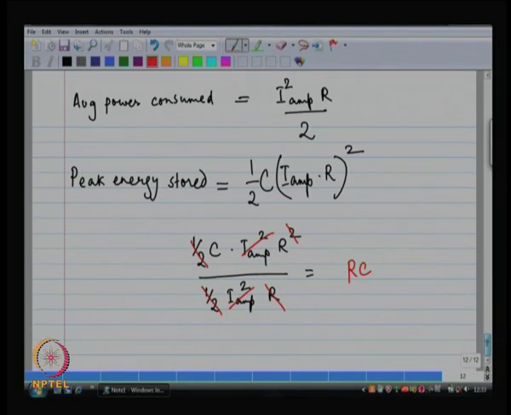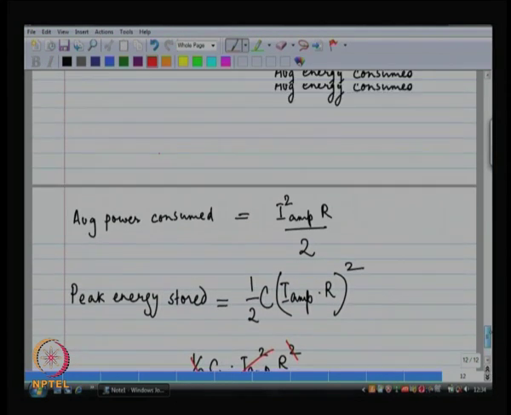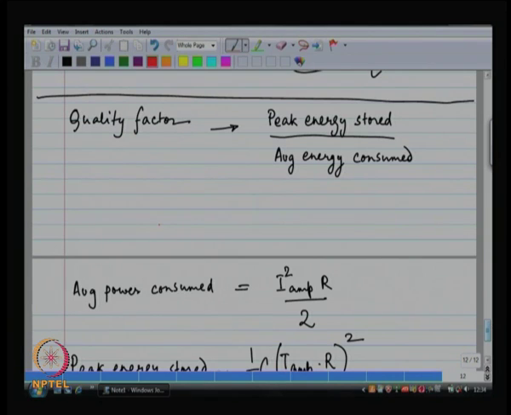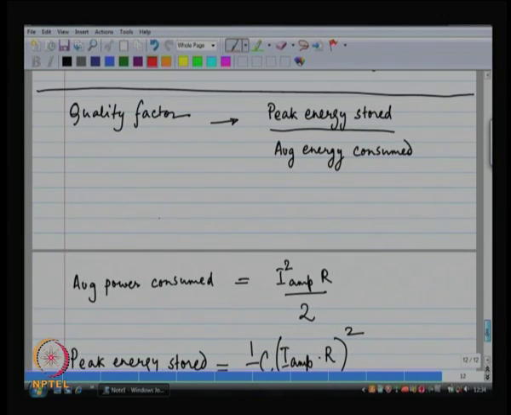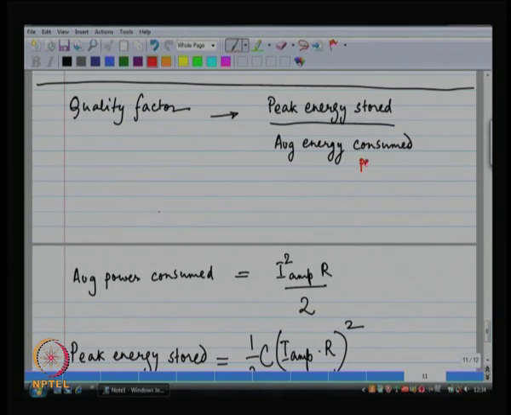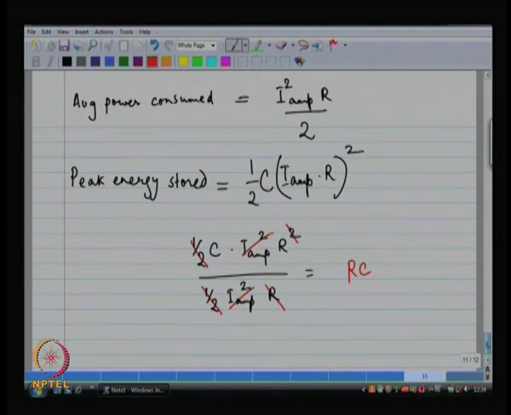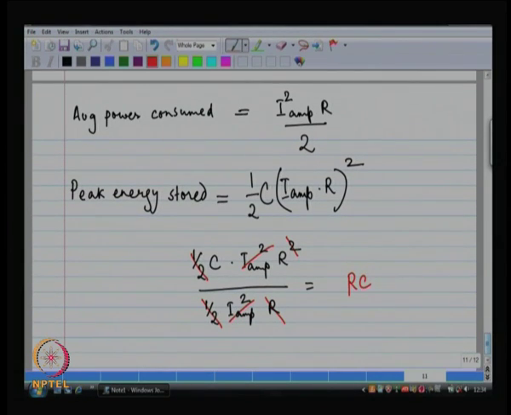This is not right. This has units of time. I am dividing an energy by a power, so it will have dimensions of time. So, this can't be right. Okay, what I wrote was correct. Average energy consumed per cycle. This is the average power consumed. All right. So, what is the average energy consumed?